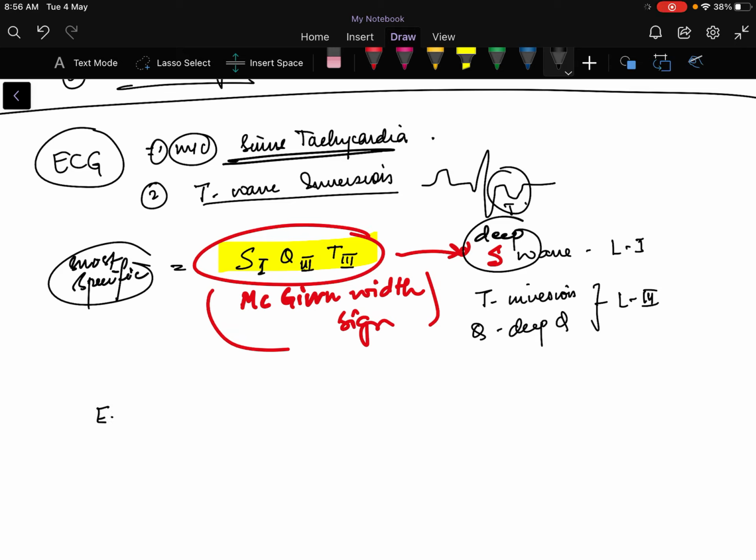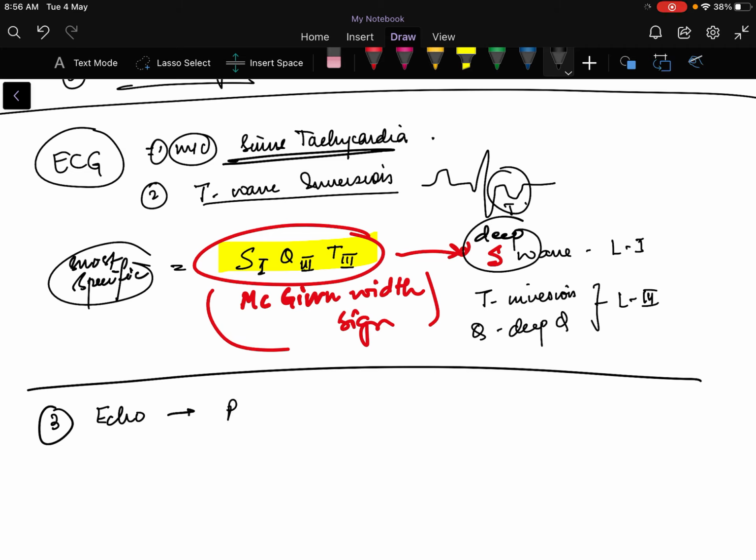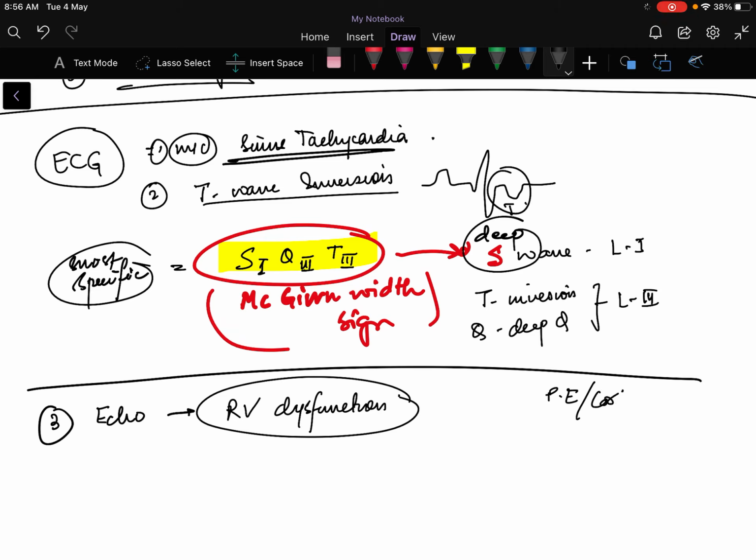You can otherwise do an echocardiography, which will show right ventricular dysfunction, because pulmonary embolism or cor pulmonale is likely to be a right ventricular dysfunction due to lungs, not heart.